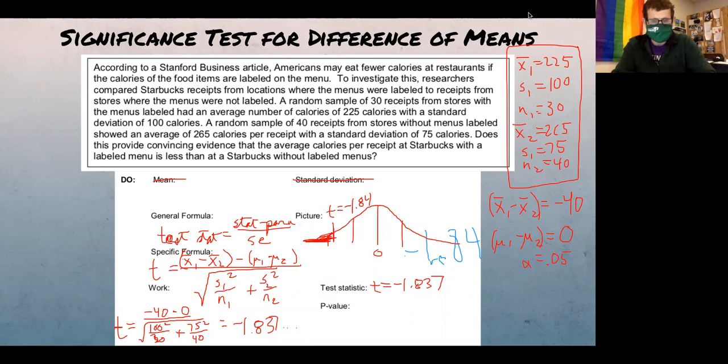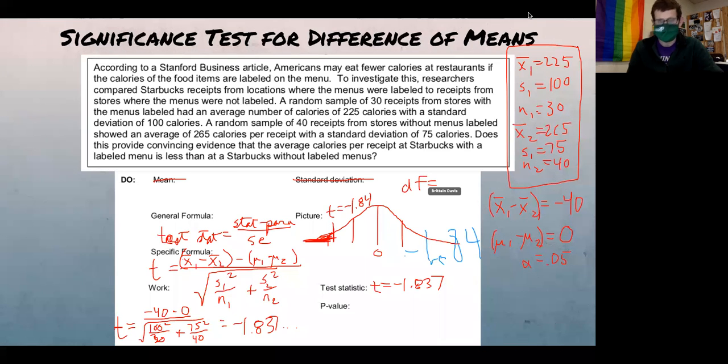If we look at our degrees of freedom, this is not going to work out perfectly, but it's going to work out close enough because this is all very rough when you go to a t-table. First of all, the degrees of freedom, we're going to keep it very simple.